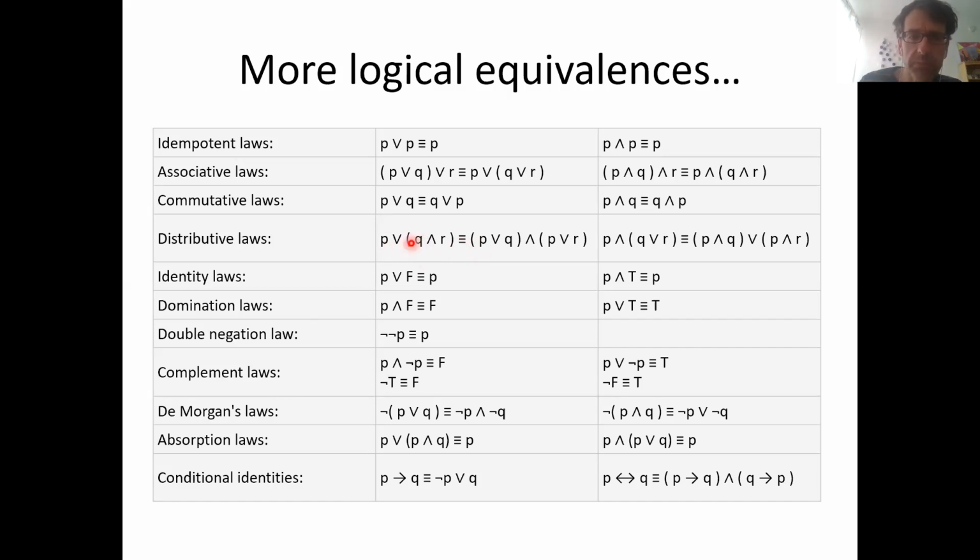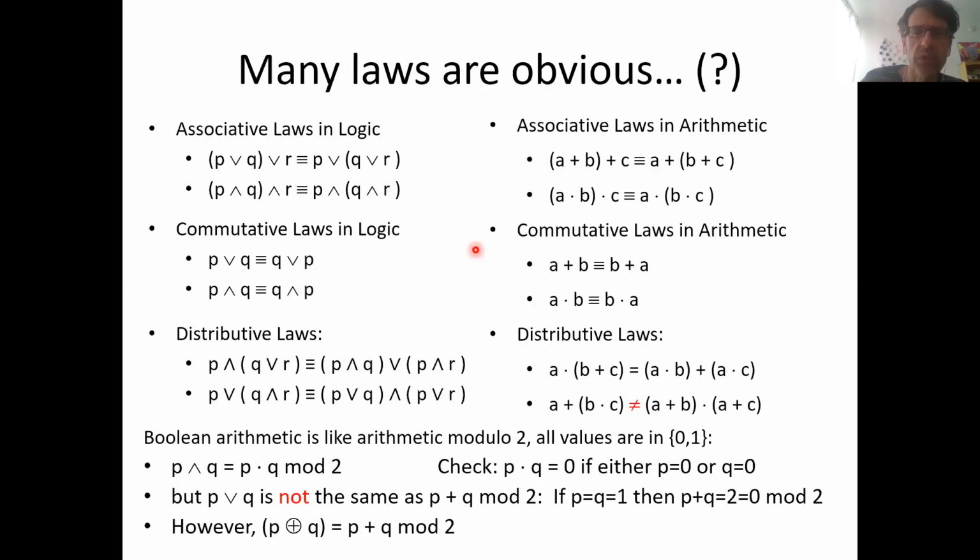So let's look at the distributive laws, because they're a little bit tricky. So are these laws obvious? This is extra stuff not in the book. I just wanted to compare logical operations and arithmetic. So look, associative laws, well, this is kind of obvious.